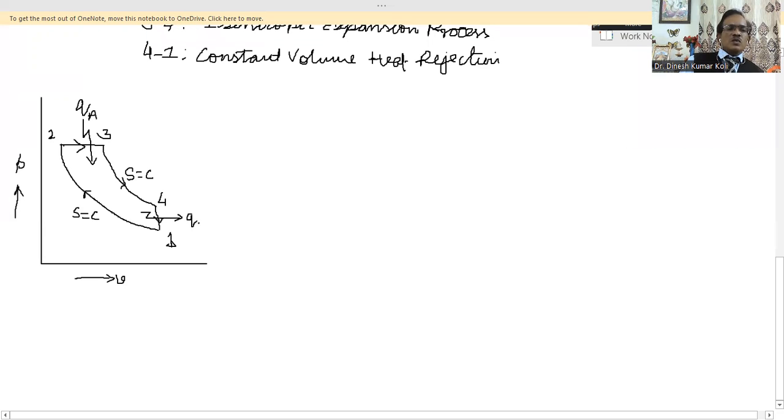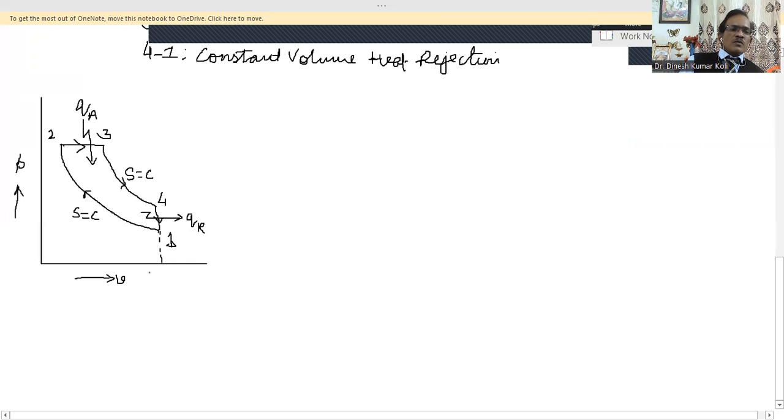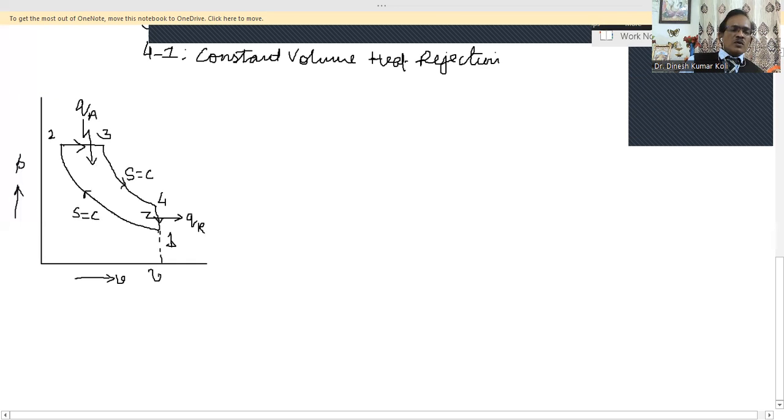Here the volume V4 equals V1, so our volume remains constant.